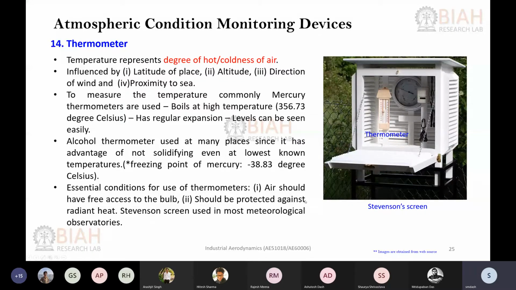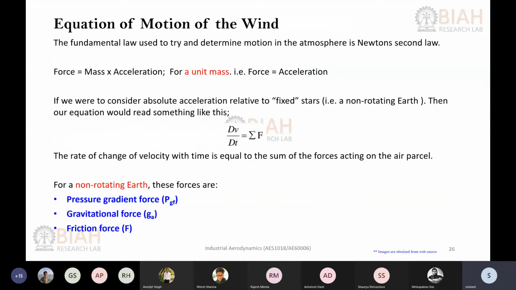So that's all for the weather station instruments. When we come to the application of this measured data, all these data are important to us, including temperature, wind velocity, pressure, and humidity. But from the aerodynamic perspective, we will mostly be dealing with velocity, pressure, and sometimes temperature.